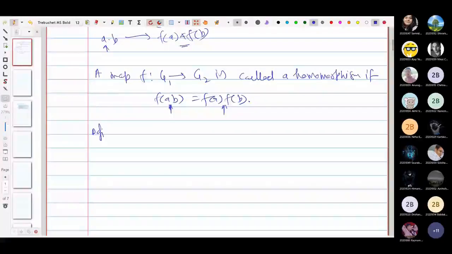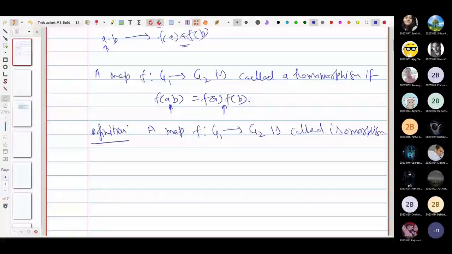A homomorphism, or we can say a map f from G1 to G2, is called an isomorphism if the following holds. First, f is a homomorphism.